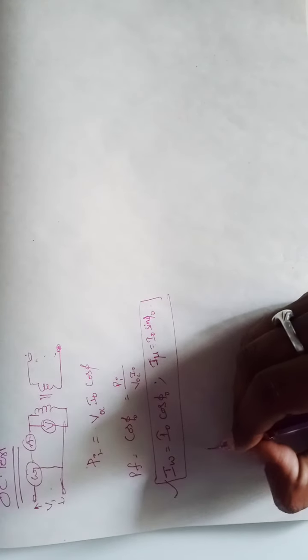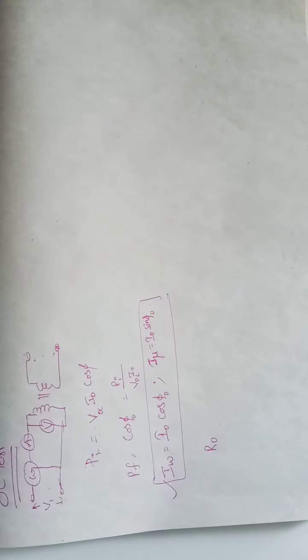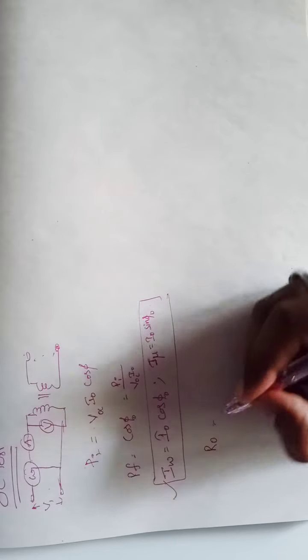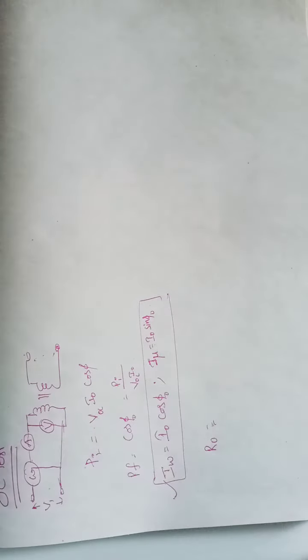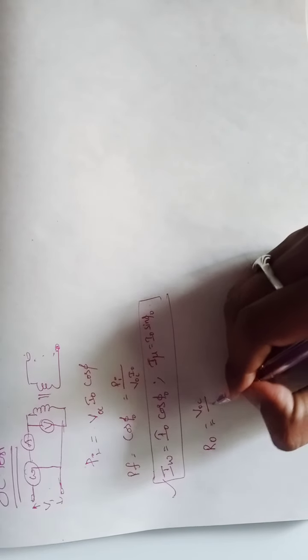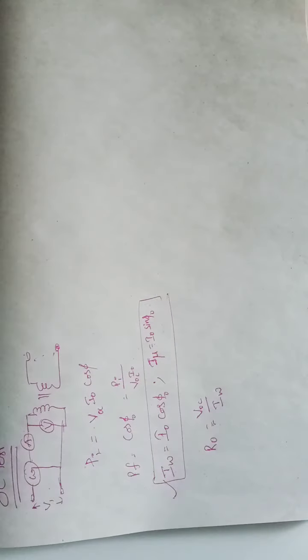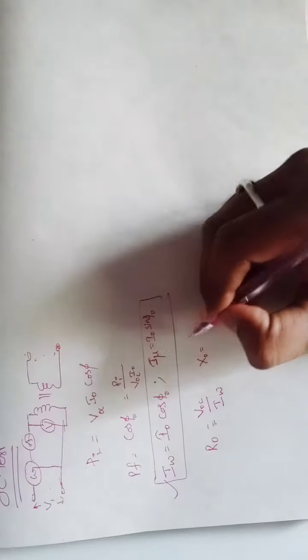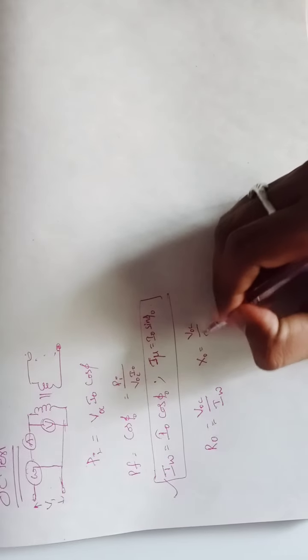Now R naught. You want to find the resistance component of your winding, R naught, simply with your Ohm's law formula, that is with the help of VOC by IW. In the same way, the reactance at no load can be found by VOC by I mu.